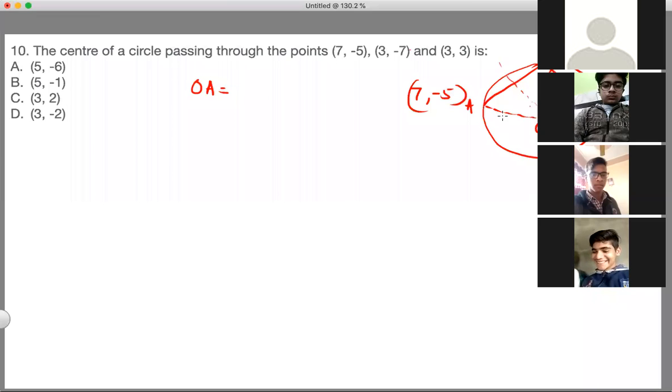OA हम R है, ये भी R है, R है, तो हम R square लिख लेते हैं anyway, so that we don't have to deal with the root.